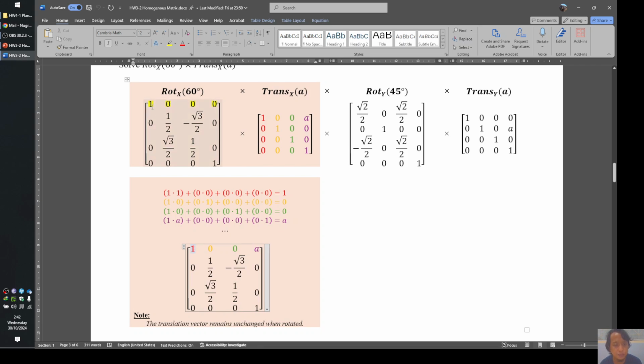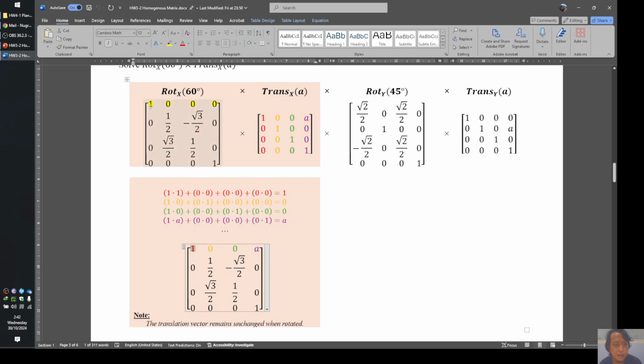So this one: 1 times 1 plus 0 times 0 plus 0 times 0 plus 0 times 0. The result is 1, and we put the 1 in this area, the first matrix element.